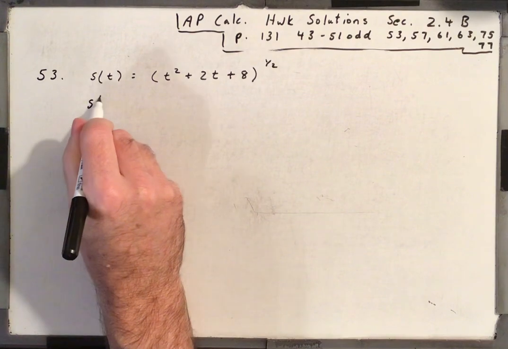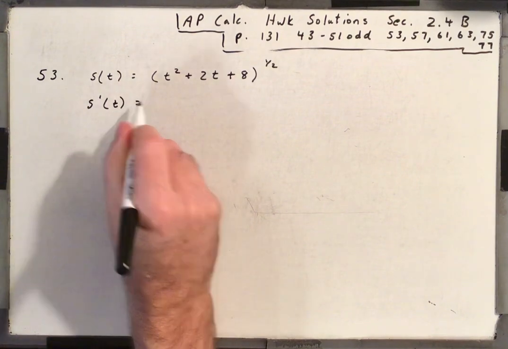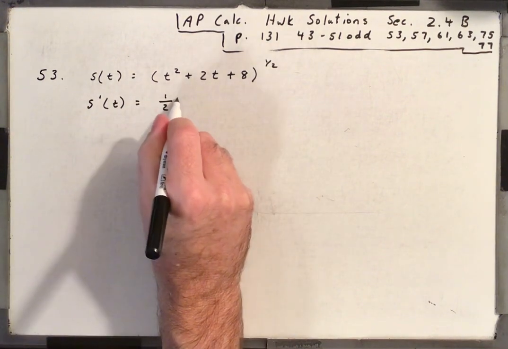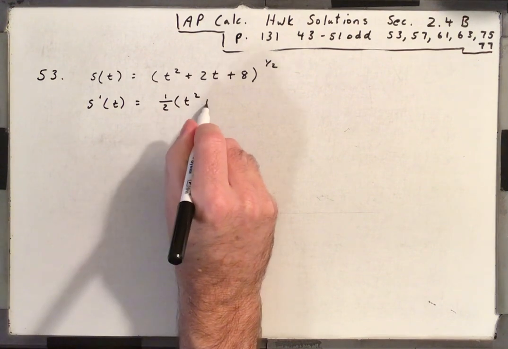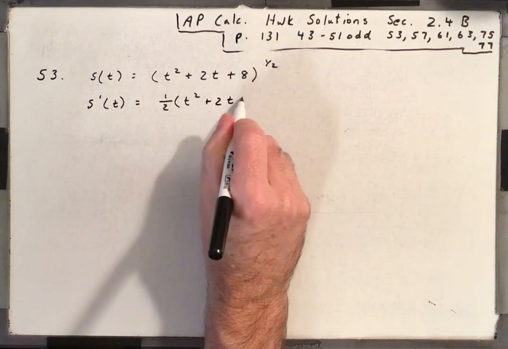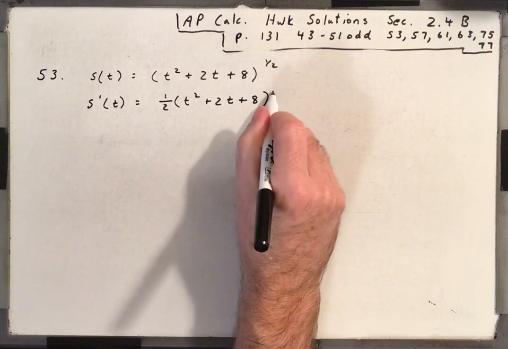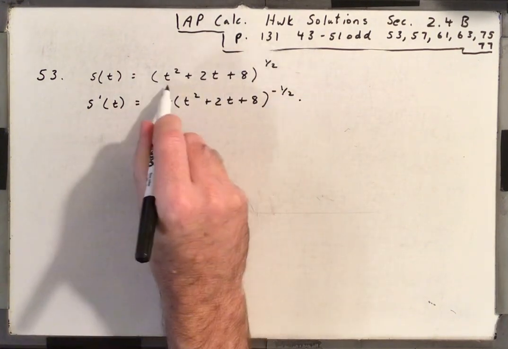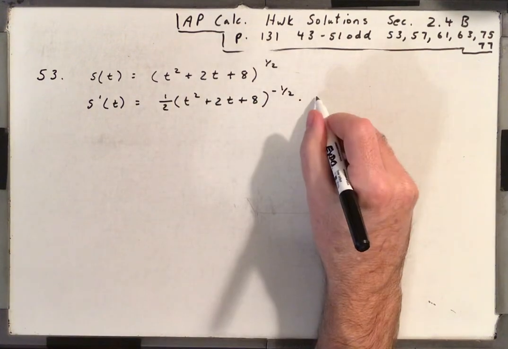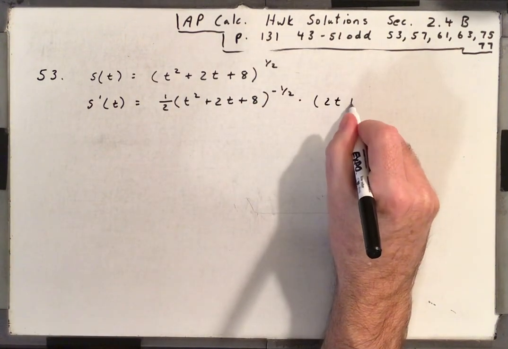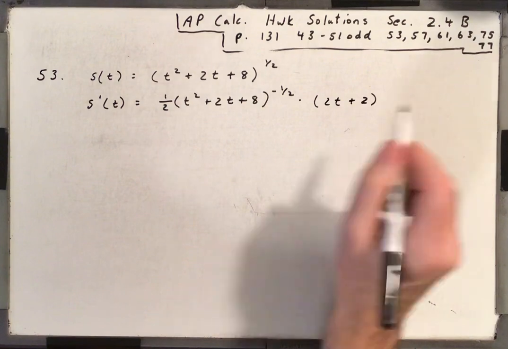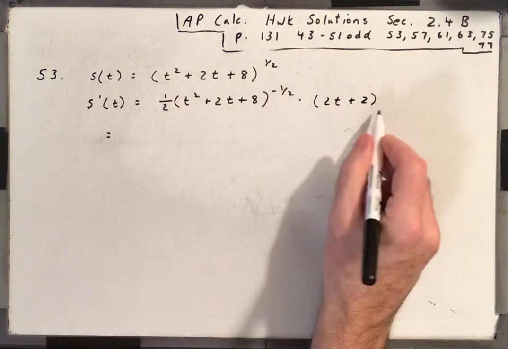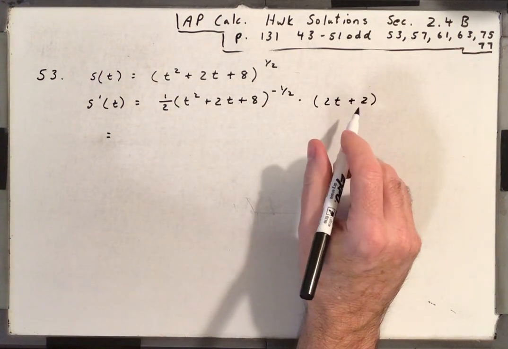So s prime of t, this is a chain rule, bring the 1/2 out front, t squared plus 2t plus 8 to the minus 1/2 power times the derivative of the block, that inner function within the parentheses. So that would be times 2t plus 2. All right, let's clean that up, make it easier to plug in.